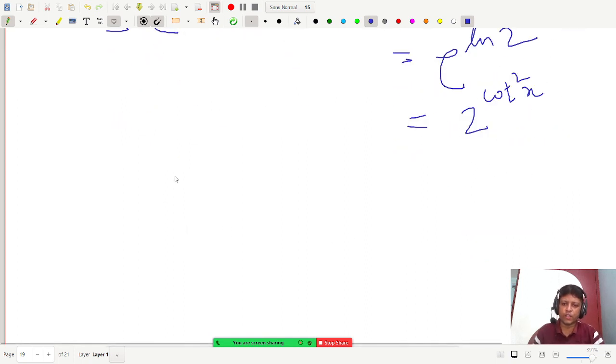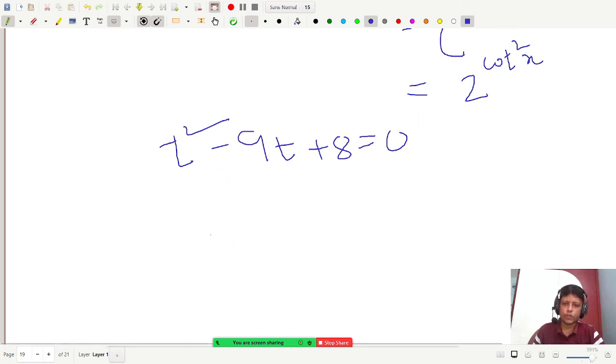Now you have that equation t square minus 9t plus 8 equal to 0. If you solve, t equal to 1 comma 8, just factorization.